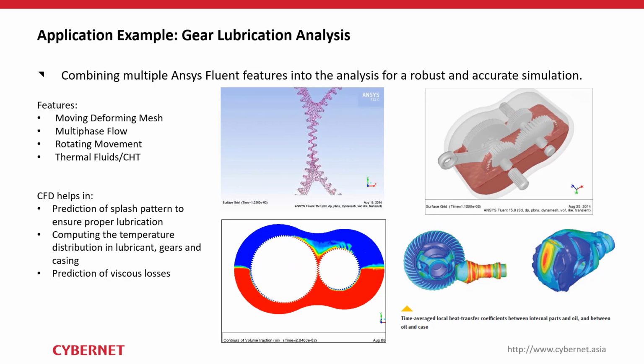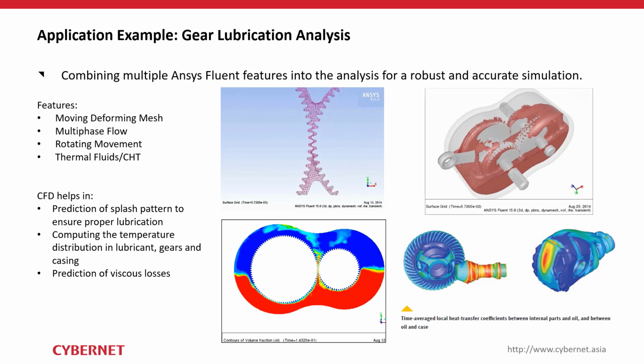By combining all of these features inside Ansys Fluent, we can evaluate the prediction of the splash pattern inside the casing and also around the gear to ensure proper lubrication. We can also compute the temperature distribution of the lubricant, the gears, and also the casing using the thermal fluids analysis capabilities.